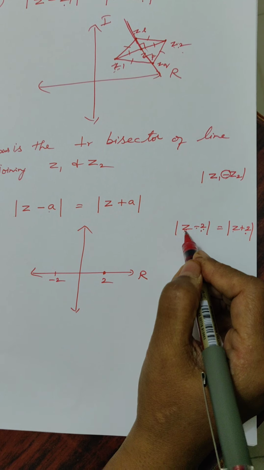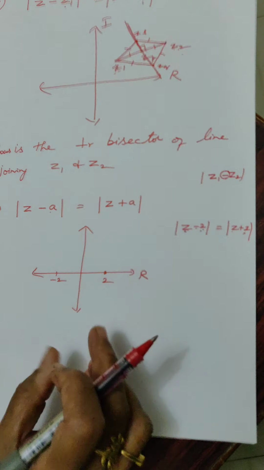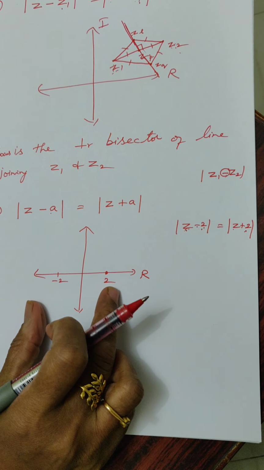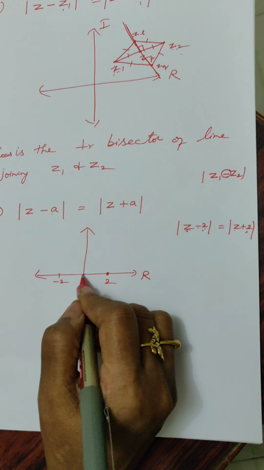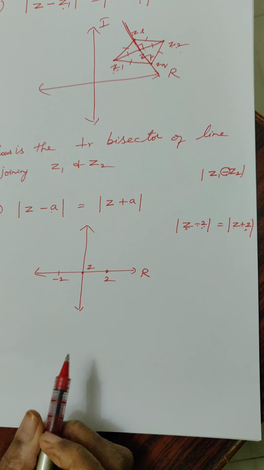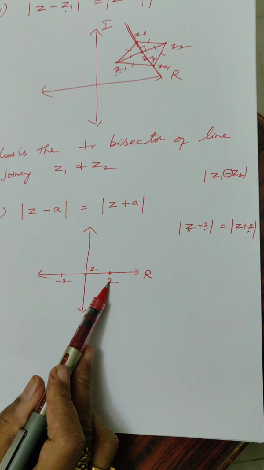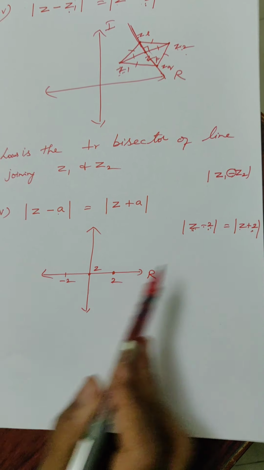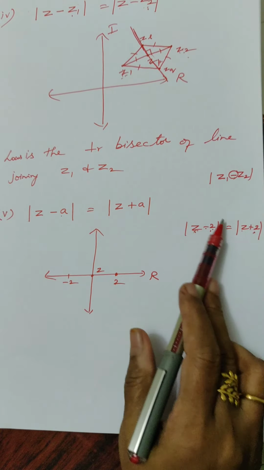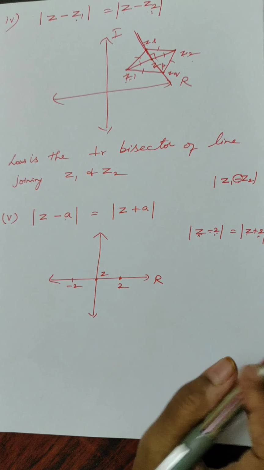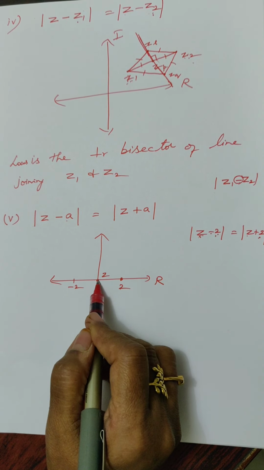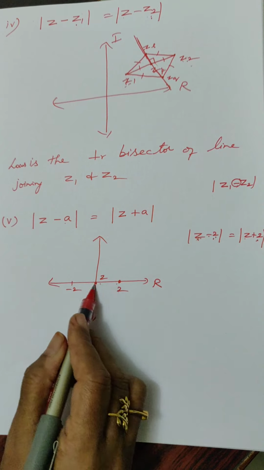Okay. Where z lies, these two, that is the distance between 2 and minus 2, and I am going to take a complex number z in such a manner that the distance between z and 2 and z and minus 2 is always equal. So modulus means the distance between the two complex numbers, these two. So I am taking z here. See, these two distances are equal.